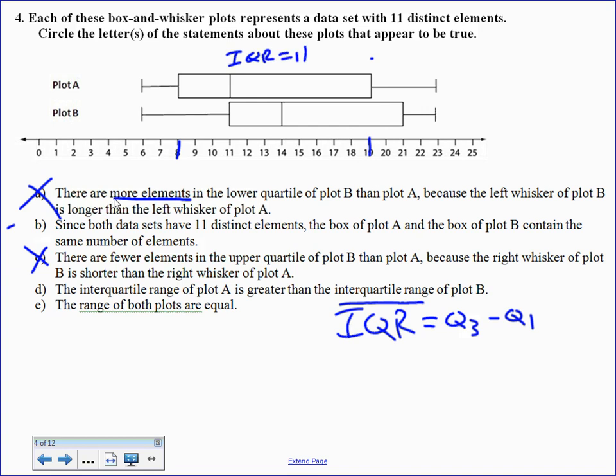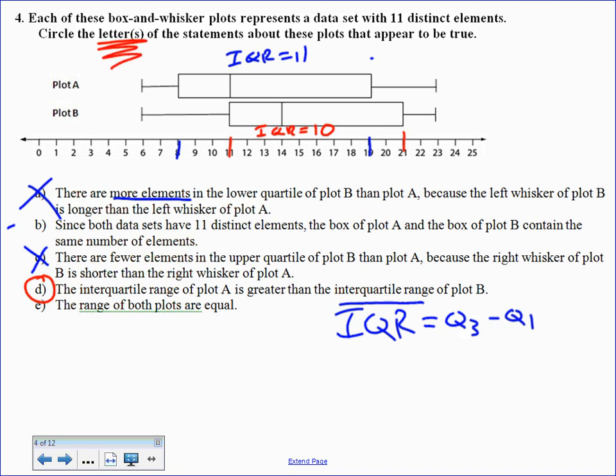For plot B, that's going to be 21 minus 11. So the IQR for this one is 10. So the interquartile range of plot A is greater than the interquartile range of plot B. So that is correct. But be careful, it said circle the letters of the statements that appear to be true.